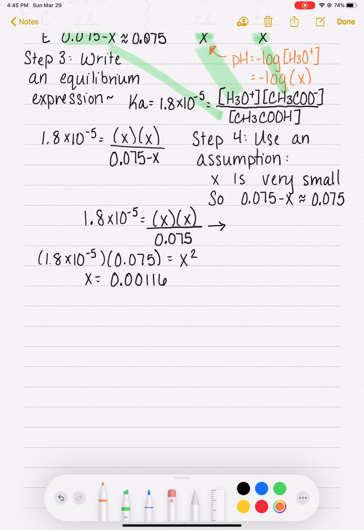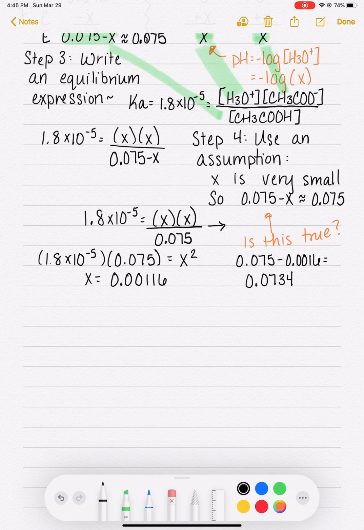Now, before we move forward, let's think about the assumption that we made, that X is very small, and let's find out if this is true. Was that an okay assumption for us to make? Let's try. 0.075 minus the value of X that we came up with, 0.00116. Let's see what that actually equals. 0.0738.